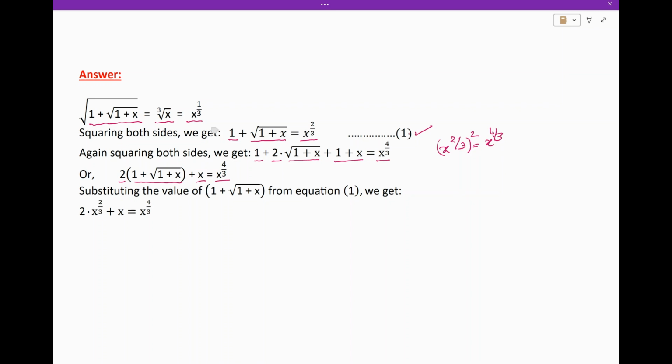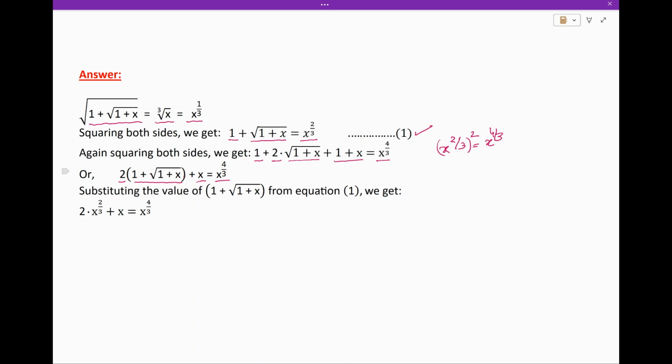Now, in equation 1, we know that 1 plus square root of 1 plus x is equal to x to the power of 2 by 3. And the quantity in bracket is also 1 plus square root of 1 plus x.